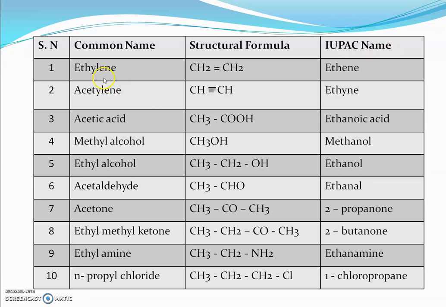So the first example is ethylene. The structural formula of ethylene is CH2=CH2. The parent will be ethane, but as there is a double bond, the E is replaced by ENE, and that's why the name is ethene.